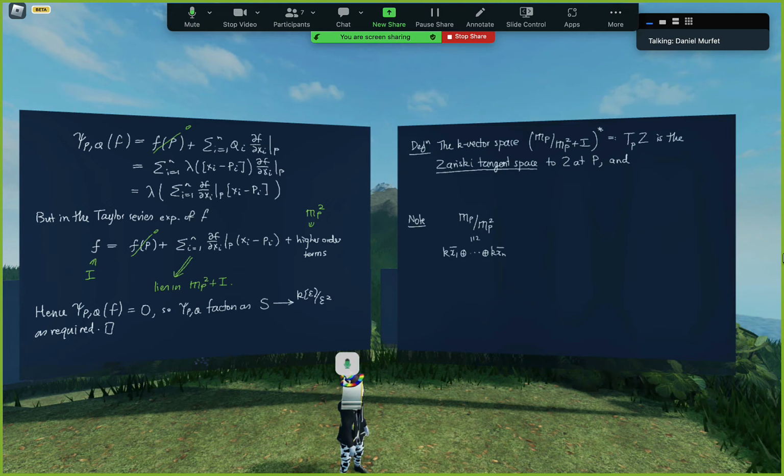What's the relationship between this quotient and the other one? Well, clearly if I mod out by more, I get a surjective map here. So therefore, I get an injective map back the other way, taking k-linear duals over the field.